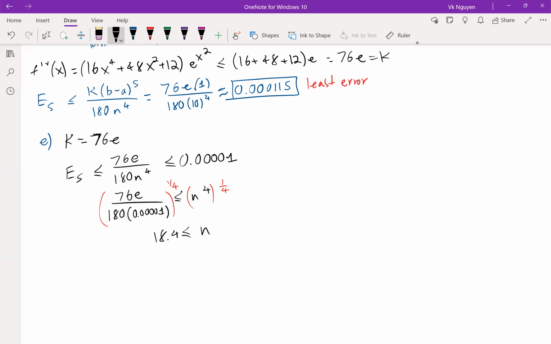And because n is an even number, n must equal 20.